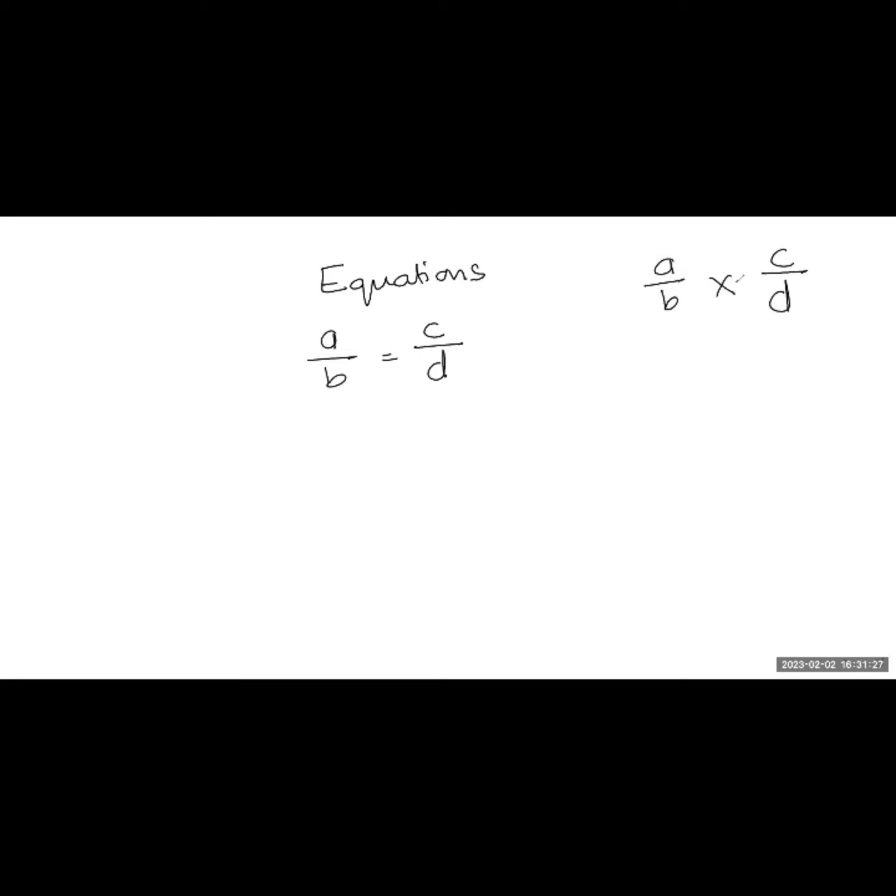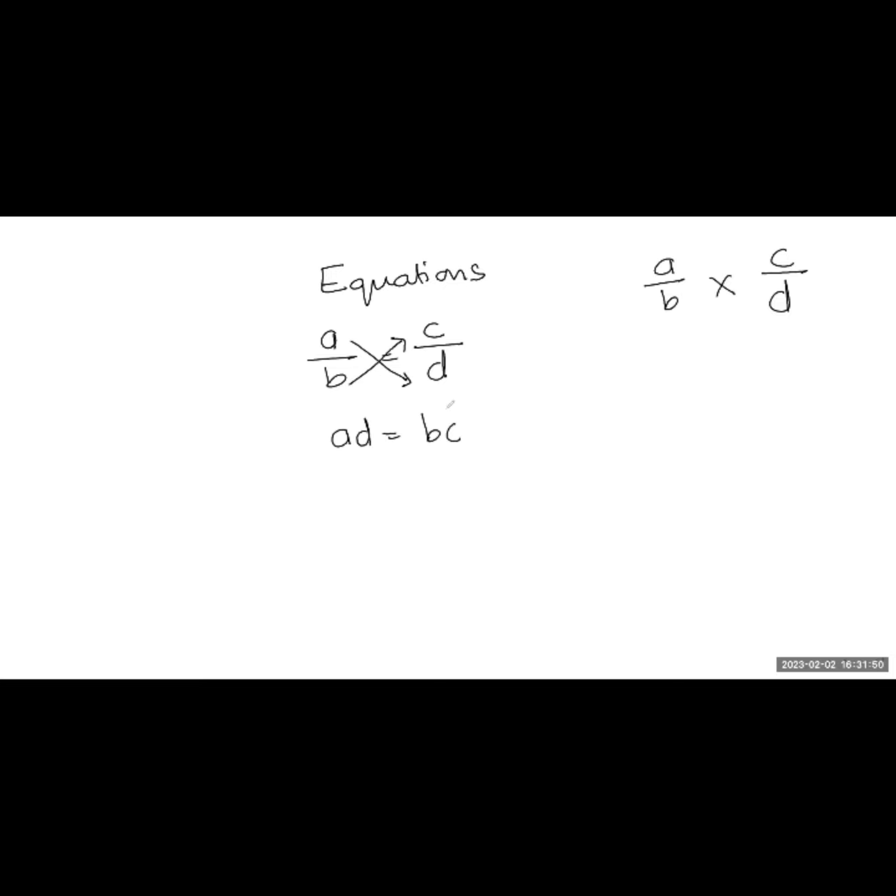We know what cross canceling is because we've just explained it. But now we're having an equal to sign in between, then we do cross multiplication. We're going to say A times D, and that's going to give me AD. B times C, and that's going to give me BC.